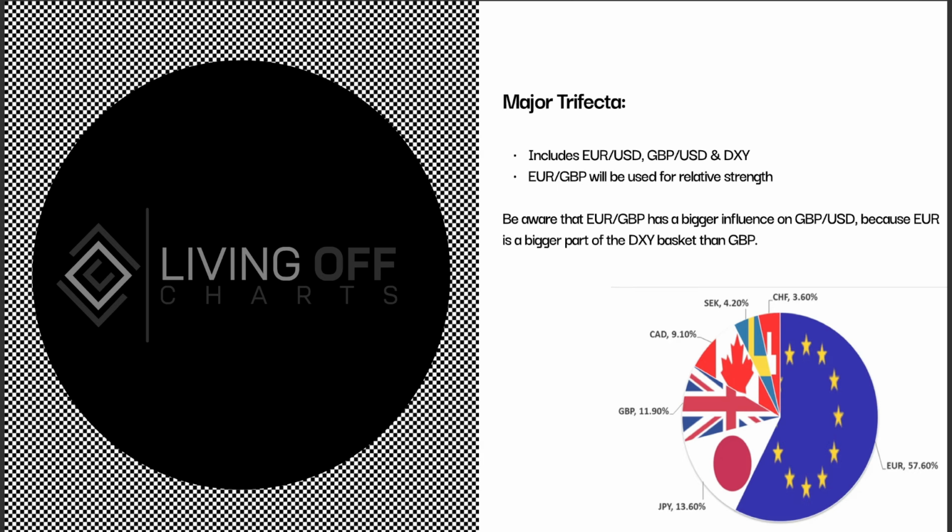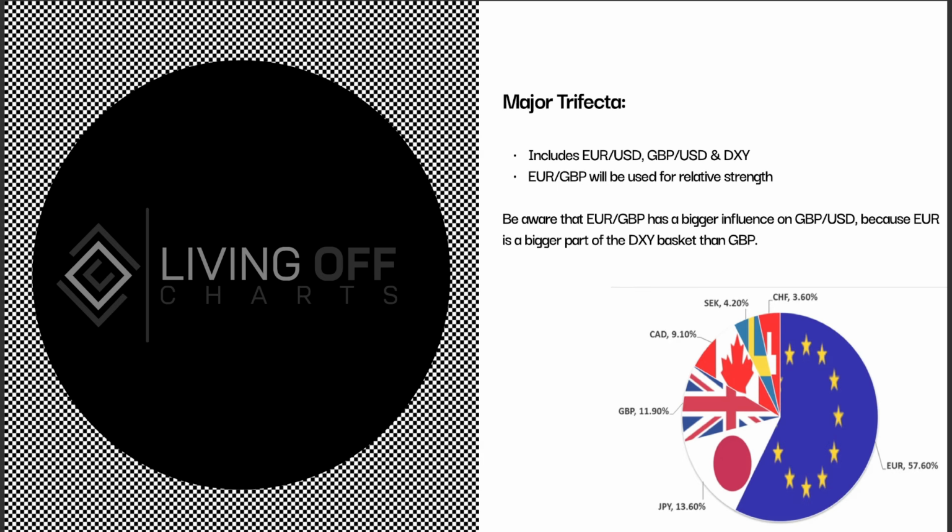So we have the DXY basket over here. These are the currencies that are in DXY. A lot of people think, oh, AUD USD or NZD USD, that's not part of DXY. So even though sometimes DXY trades higher, NZD USD could still also trade higher, depending on the relative strength of the New Zealand dollar. It's not part of the DXY basket.